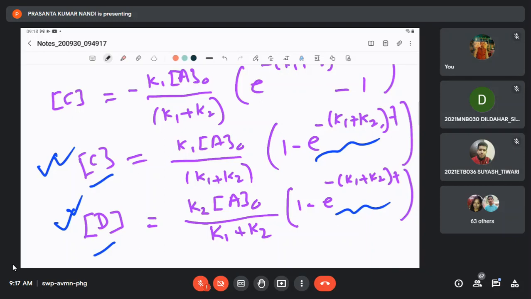So in the numerator, you can find the rate constant K2. Okay. So the other quantity, that is the factor A0 by K1 plus K2, remains constant. Okay.